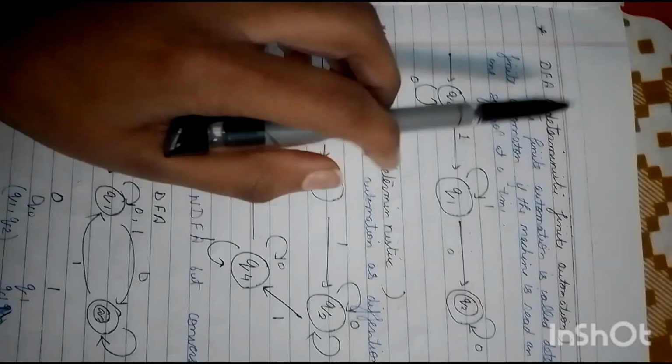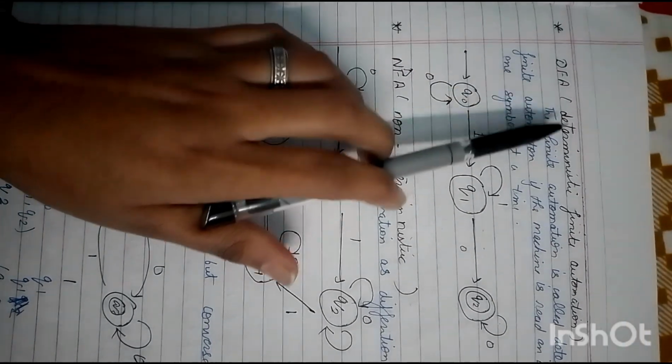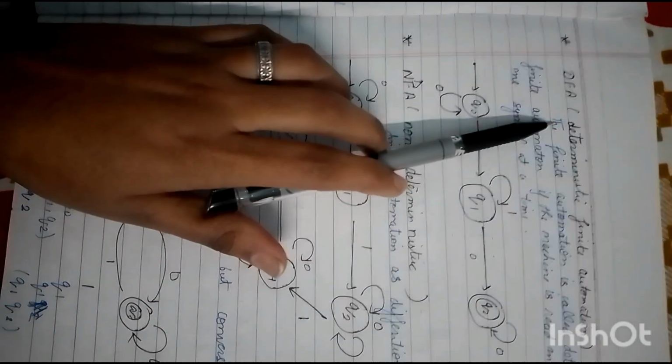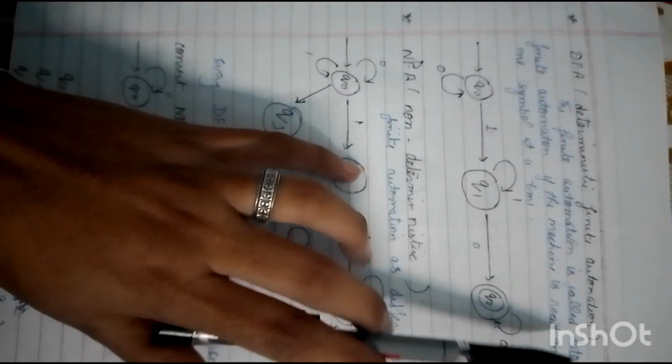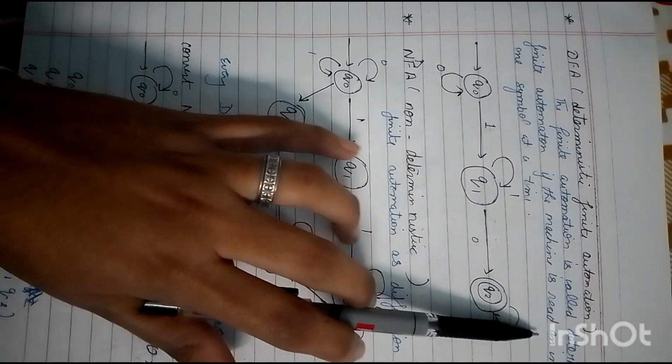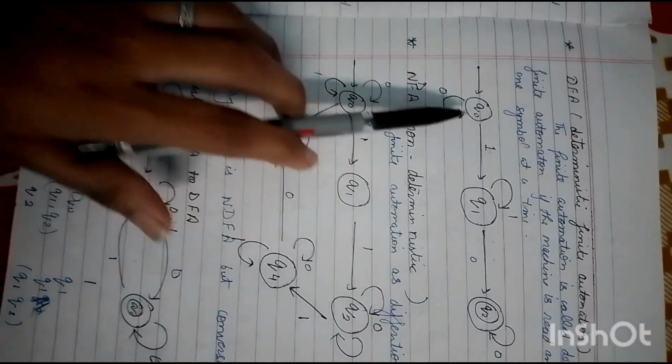Now in this finite state automation, we are having 2 types of automations. The first one is DFA and the second one is NDFA. First one is DFA, that is deterministic finite automation. A finite automation is called deterministic finite automation if the machine reads an input string 1 symbol at a time.